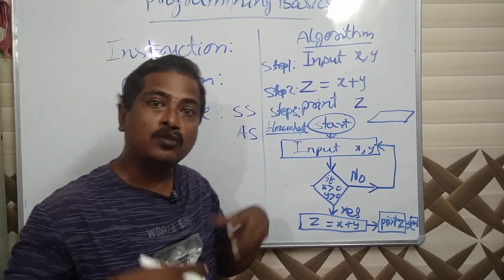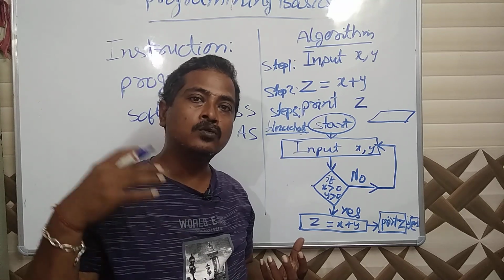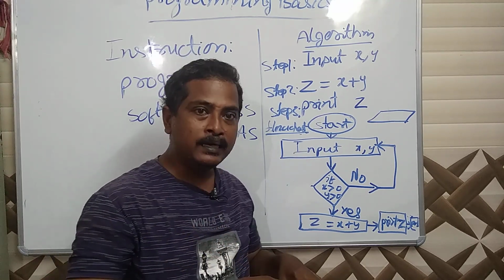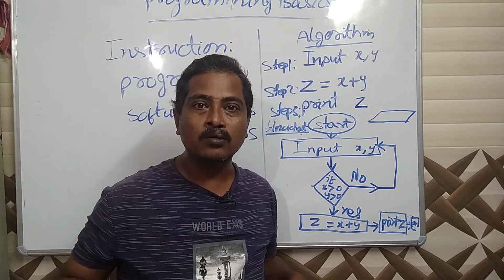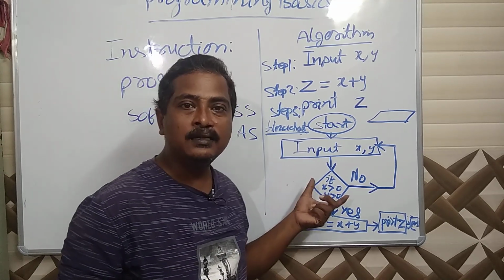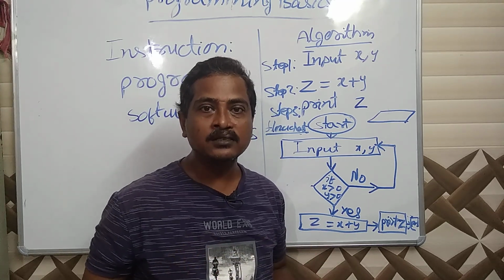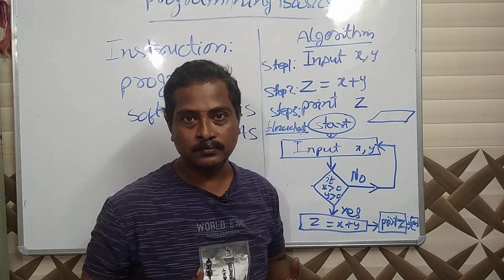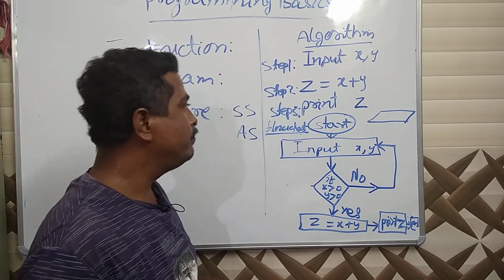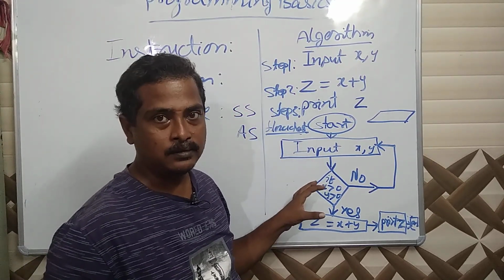If I am making a software, then my number of instructions is in lakhs, in crores, then I need a whole cricket ground to draw the flowchart. That's why this flowchart is not feasible, not reliable in case of big programs. So in case of big programs, we take algorithm only, no flowchart.